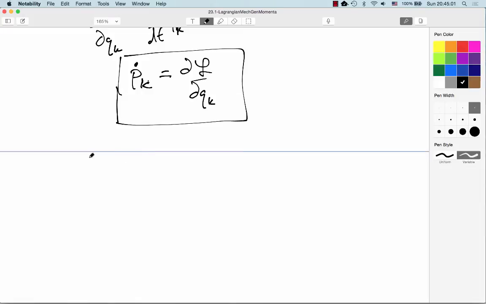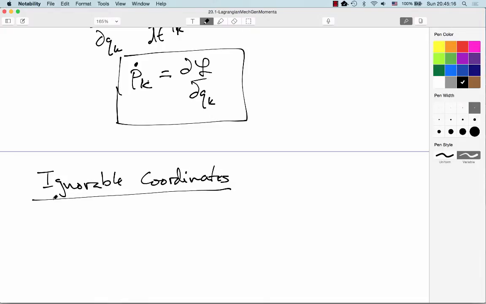So that gives rise to the related idea of the ignorable coordinate. All right.